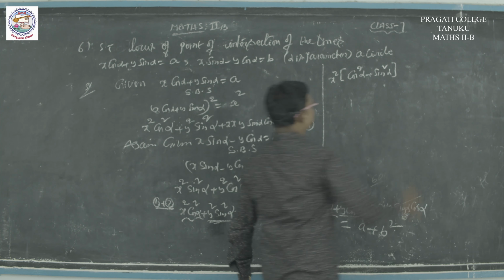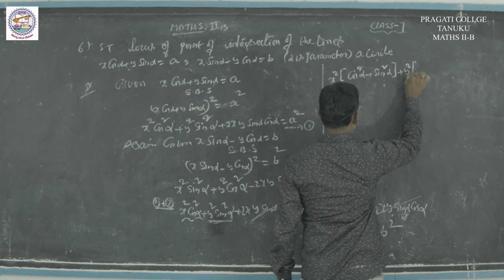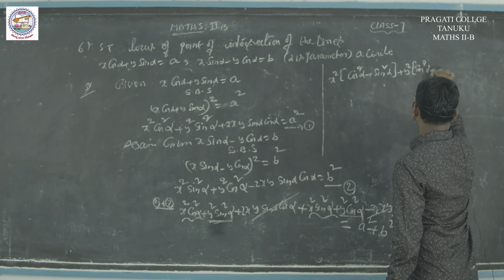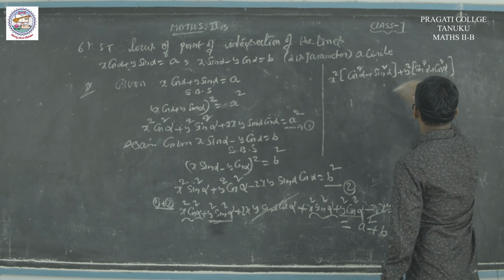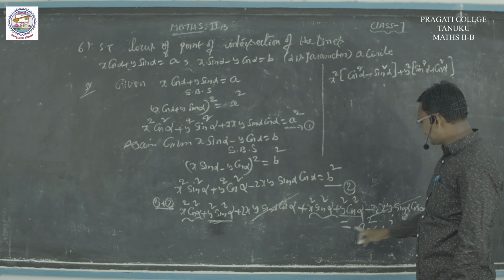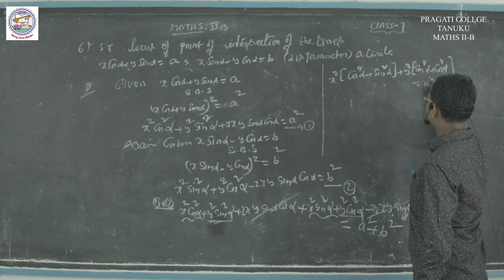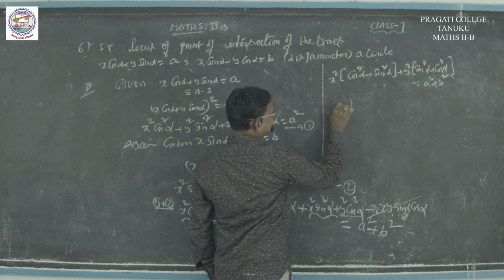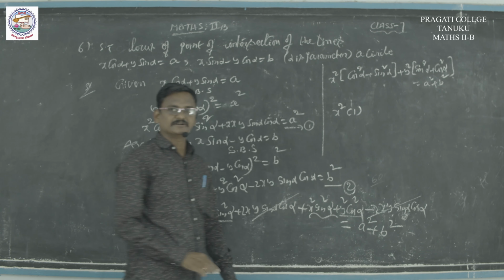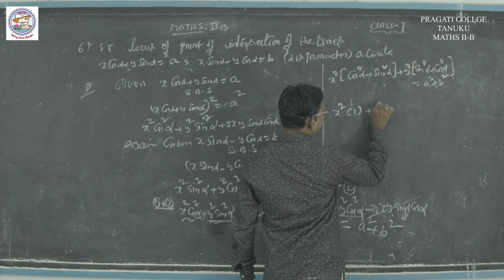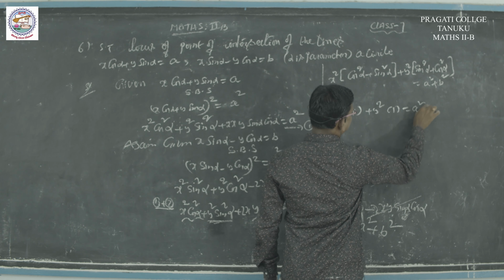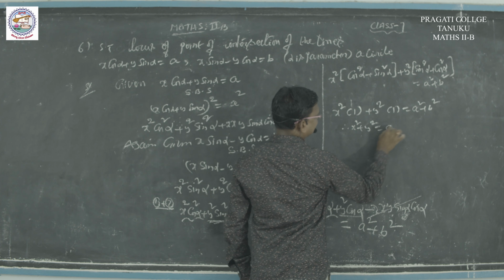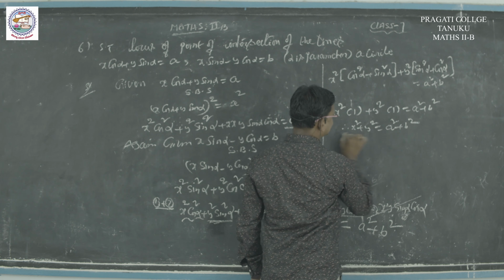Now we can take y square as common, then sin square alpha plus cos square alpha. This everything is only the left side. Now the right side is equal to a square plus b square. Do you know already? The bracket value is 1 because sin square theta plus cos square theta is 1. So x square into 1 plus y square into 1 is equal to a square plus b square. Therefore x square plus y square is equal to a square plus b square.